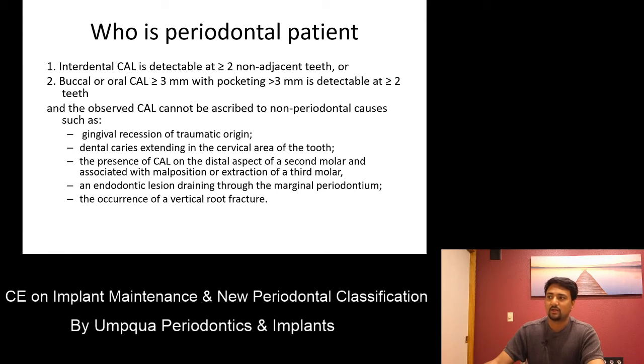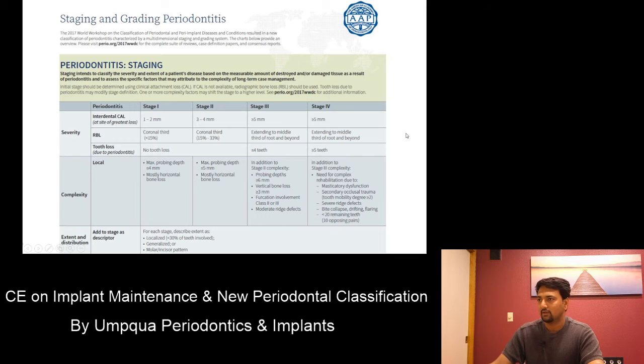Dental caries around the cervical area of a tooth causing probing depths or clinical attachment loss is not considered a true periodontal patient. Root fractures and other examples listed on the slide can give you a good idea of who exactly you can classify as a periodontal disease patient.